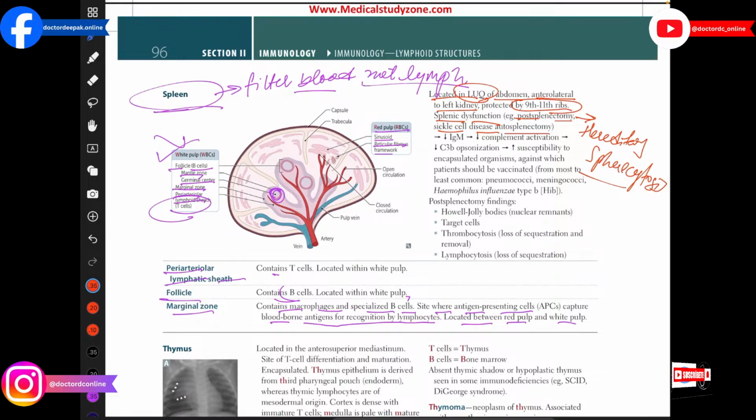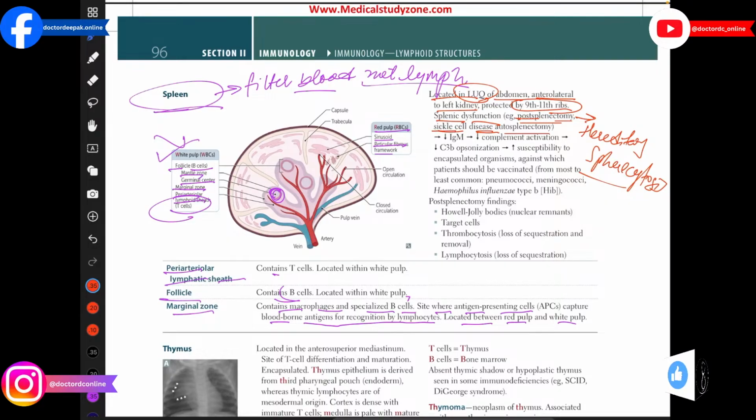The spleen is removing and destroying the abnormal cells, so there will be anemia in that patient. What we will do is splenectomy, remove the spleen, so there will be a decreased risk of anemia. And after that, there will be some signs and symptoms.